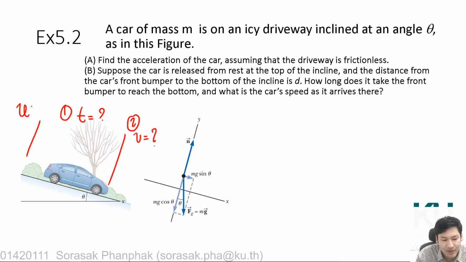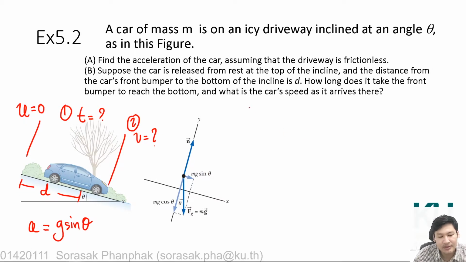Since we know the initial velocity is 0, we know the distance is d over here, and we know the acceleration from the part that we solved is g sine theta. In order to determine the time in A, what parameters do we already know?